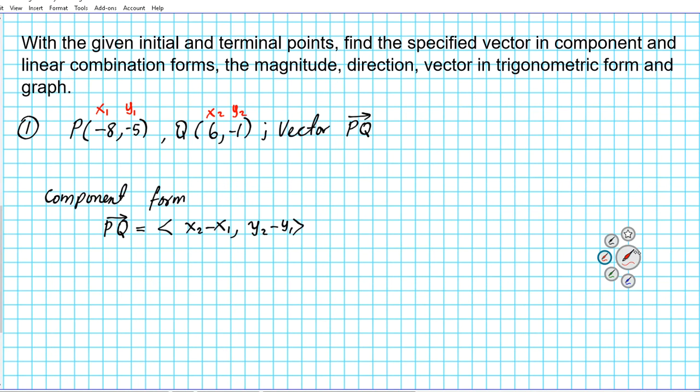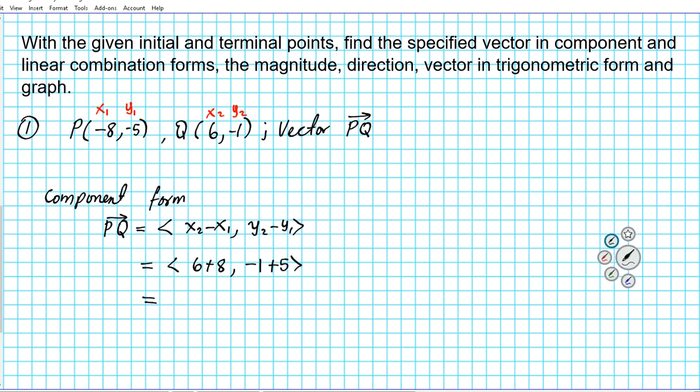Alrighty, so let's substitute that into this equation right here. x2 minus x1 is 6 minus -8, so minus minus becomes a positive: 6 plus 8. And then y2 minus y1 is -1 minus -5, which becomes plus 5.